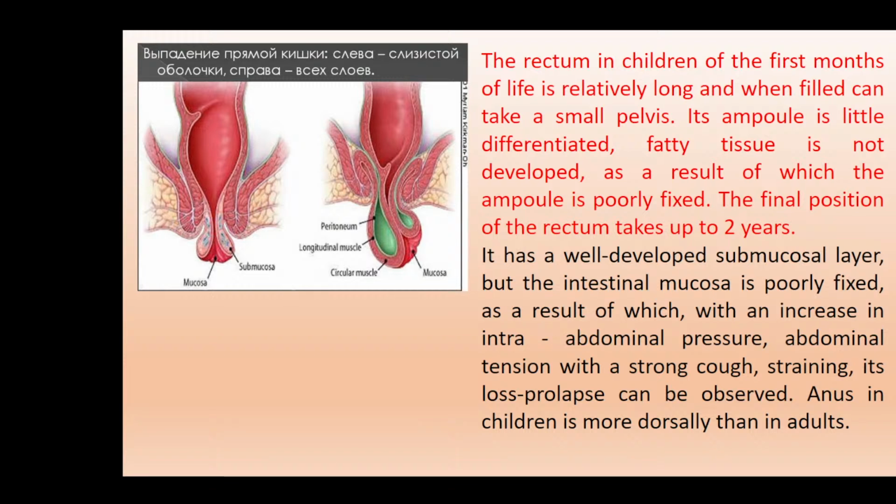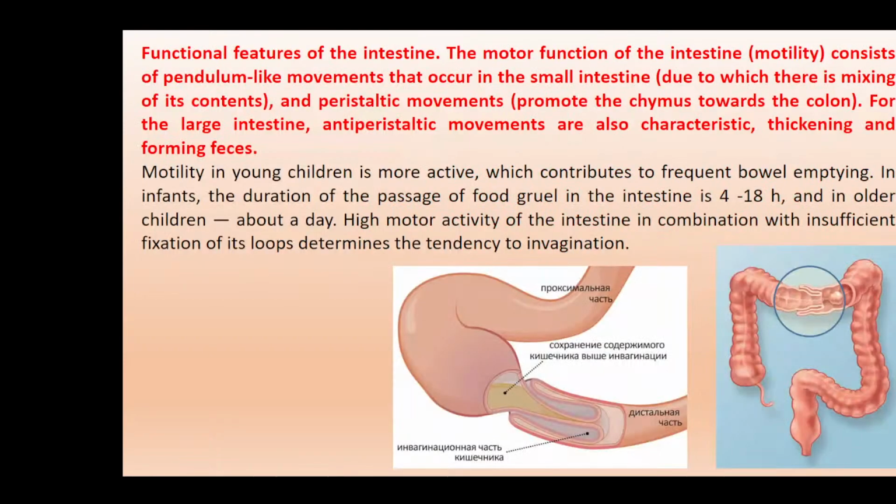The anus in children is more dorsal than in adults. You can see the mechanism of prolapse of the mucosa.